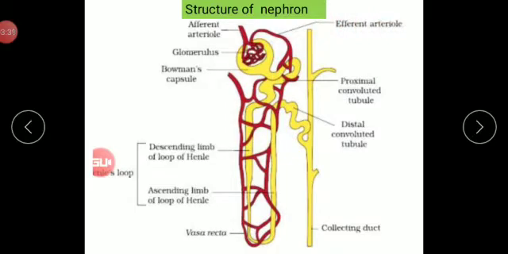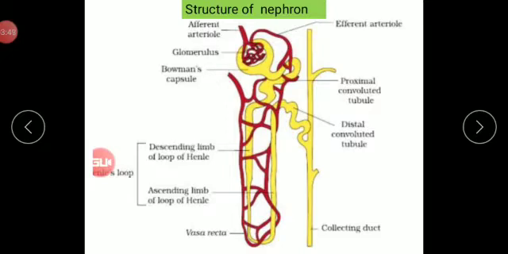So this is concerned with the first part, that is nothing but the glomerulus. As I said, it is a network of blood capillaries formed by fine branches of the renal artery. Blood from the glomerulus is carried away with the help of the efferent arteriole.